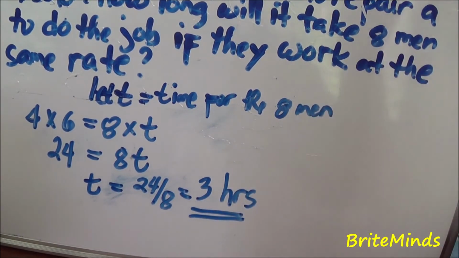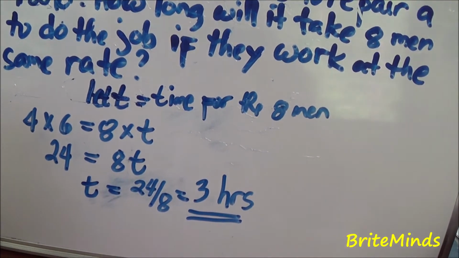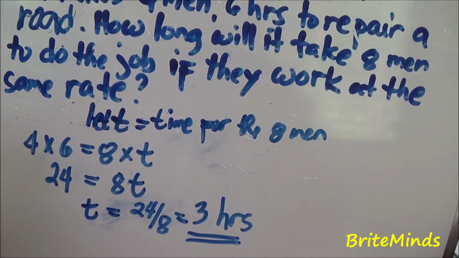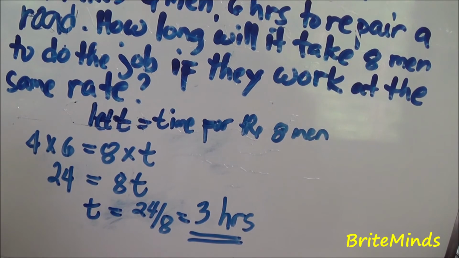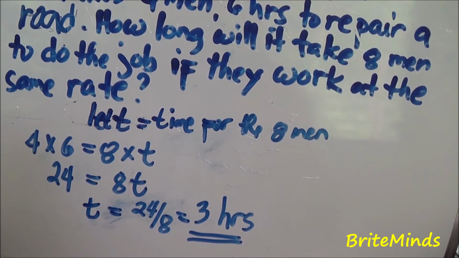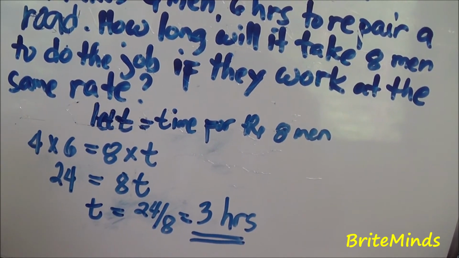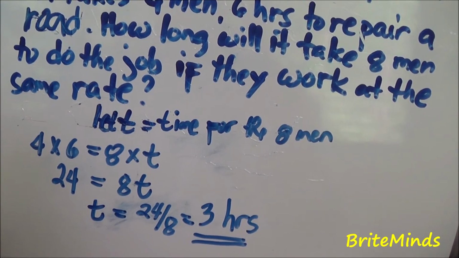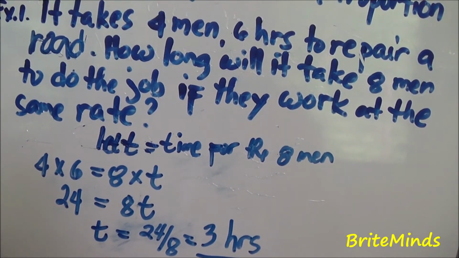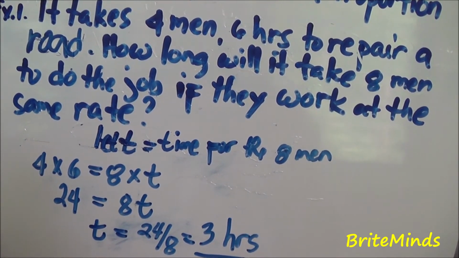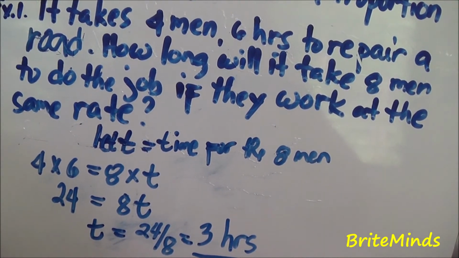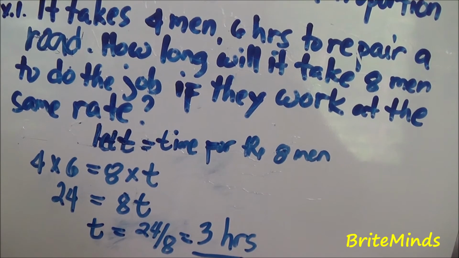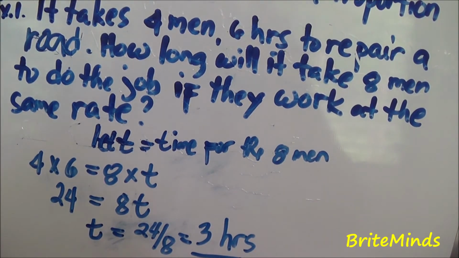So it will take 3 hours for 8 men to repair the job, while for the 4 men, it will take them 6 hours. So we can see the inverse proportion in this problem, or the inverse relationship in this problem.